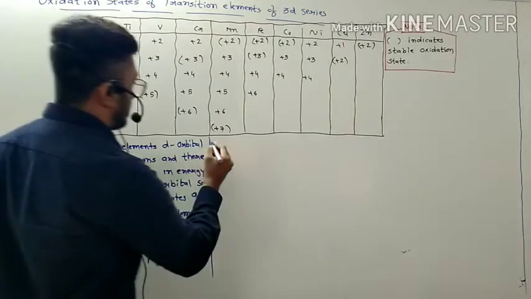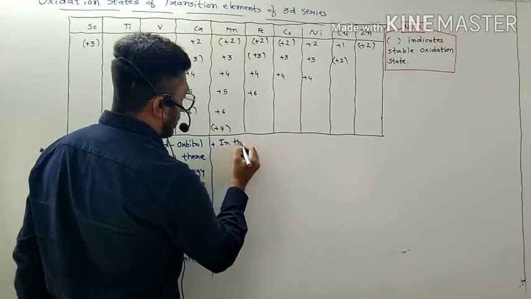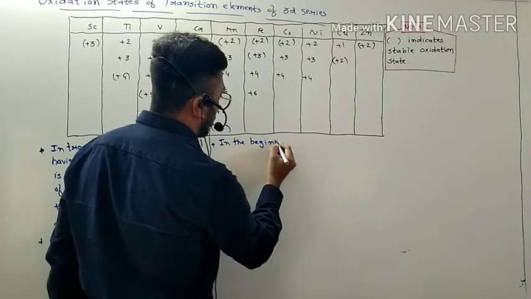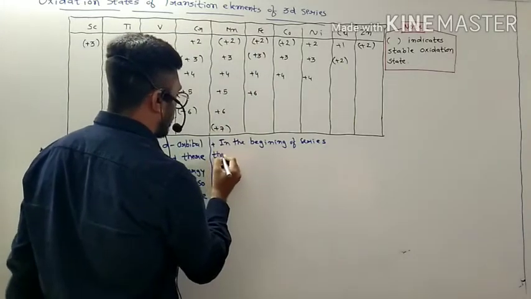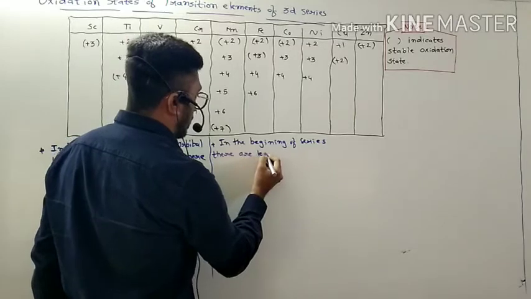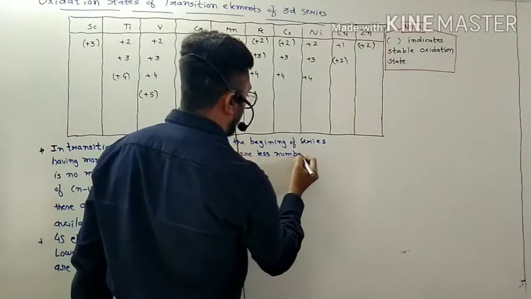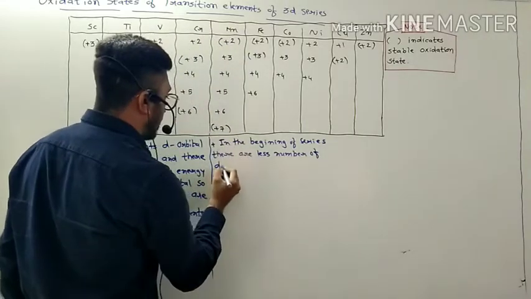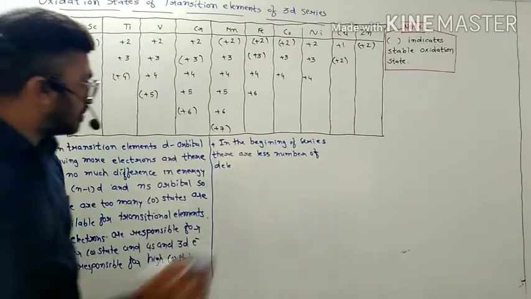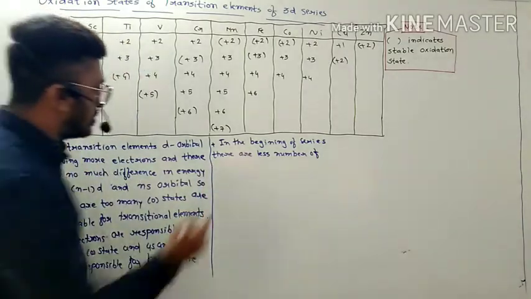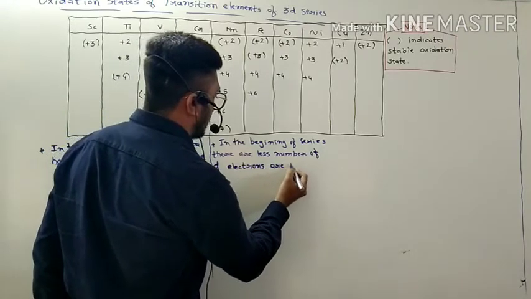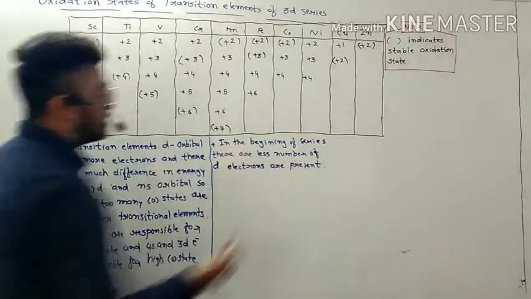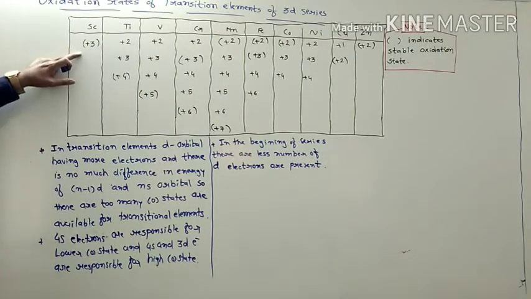Just see, in the beginning of the series there are less number of d electrons present. In the oxidation states of scandium only the +3 oxidation state is possible.